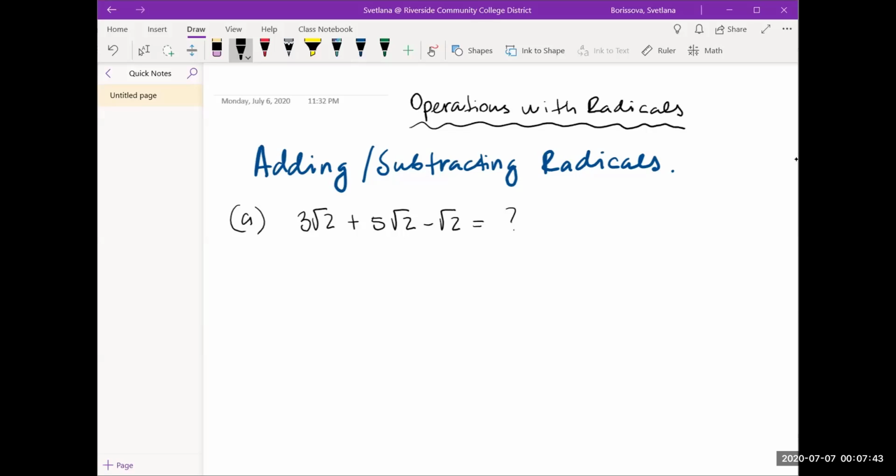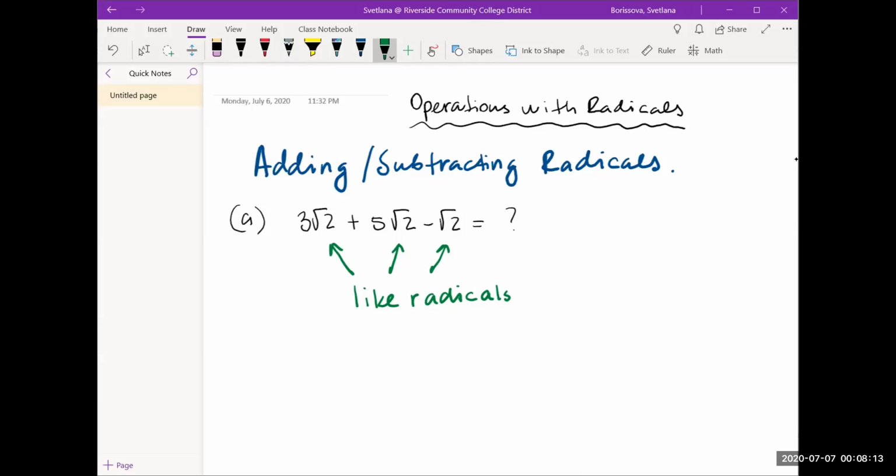Now, in this expression, we can see 3 terms, right? And those 3 terms are called like radicals. It's like saying like terms, because we're going to treat radicals as like terms.